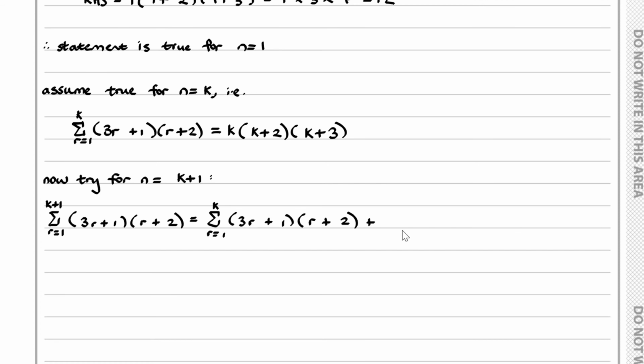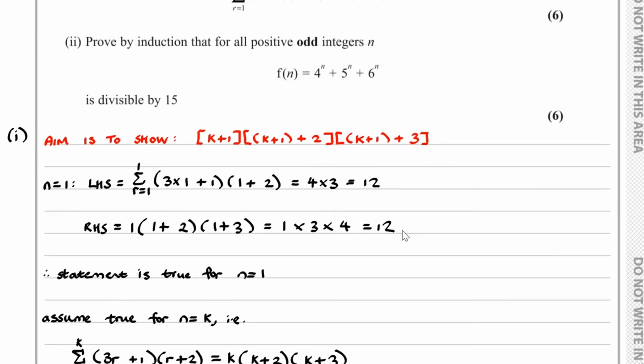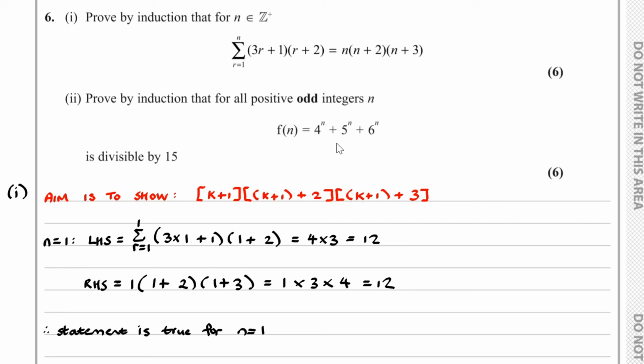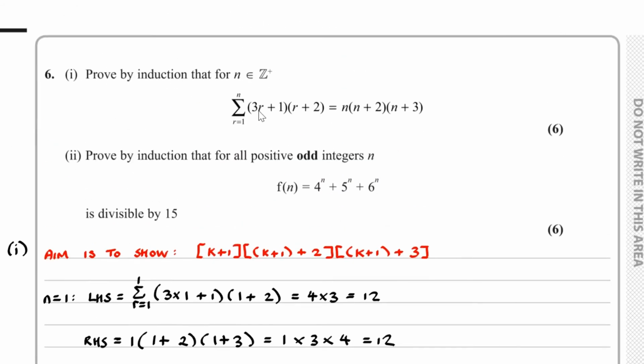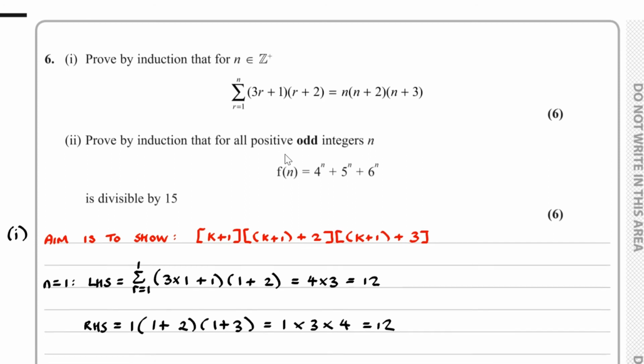So for the k plus 1th term we simply replace, on the left hand side, r with k plus 1.